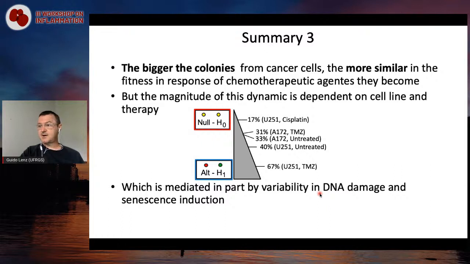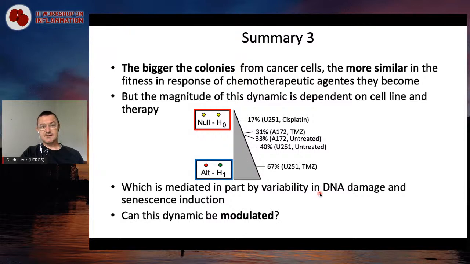This variability is partially mediated by DNA damage and senescence induction, but for sure, a complex response to a chemotherapeutic agent certainly has several heterogeneities that can impact the probability of survival.